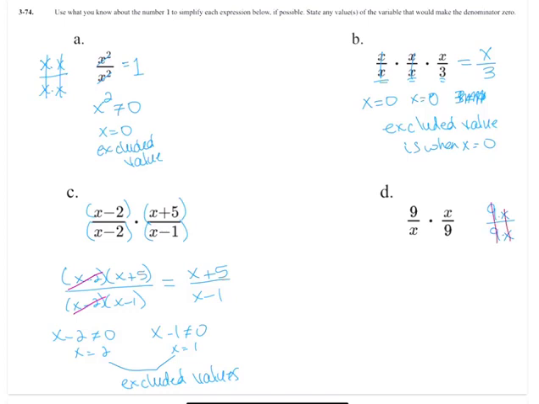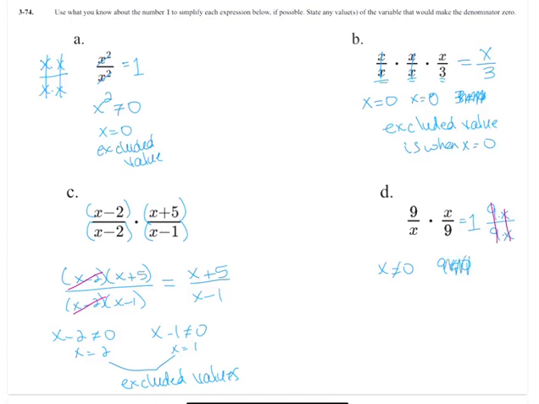Whoops, I guess I put that in the wrong spot, didn't I? We're just going to write here. So what's that going to equal? We know that that's going to equal 1. And again, I have to look at my denominators, and none of those can equal 0. So x cannot equal 0. And on the second one, 9 cannot equal 0, and we know that 9 cannot equal 0, right?